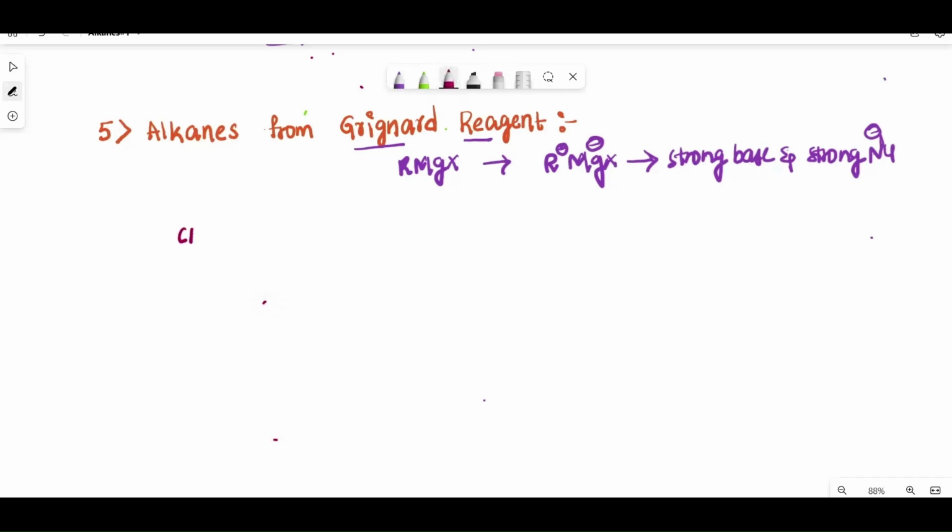Let's see an example. If you have this Grignard reagent, CH3 minus MgX plus, and if you have water here, H2O, you can write this water as H-OH.